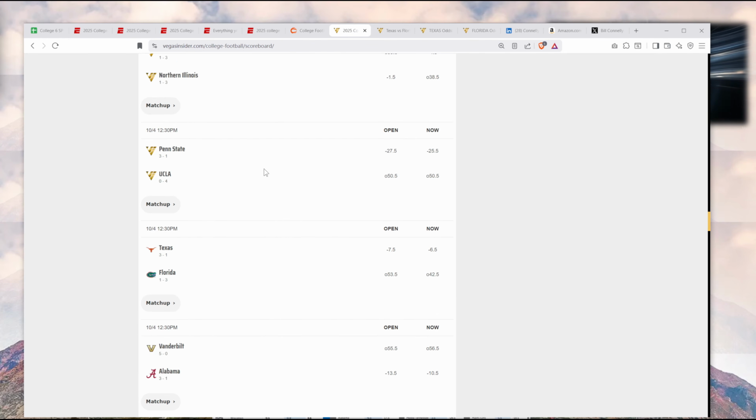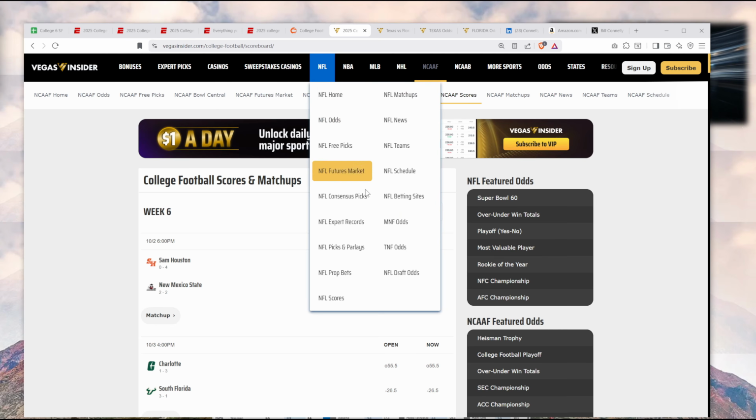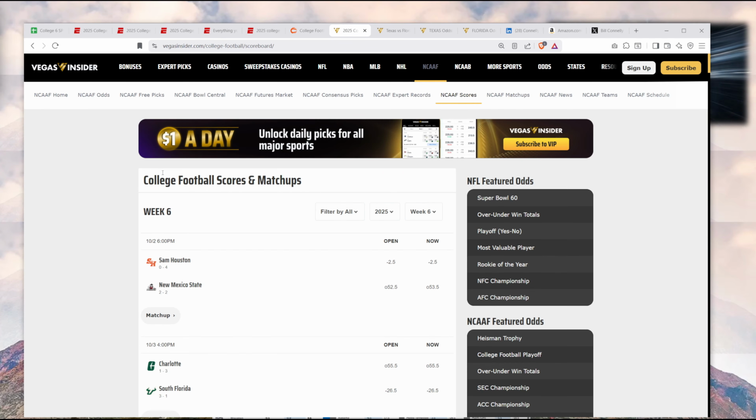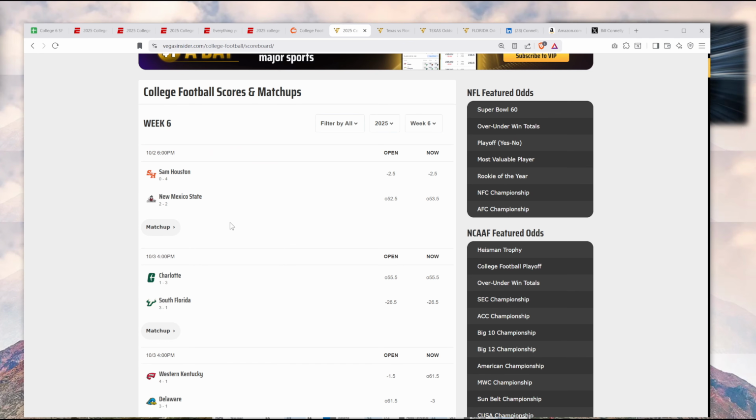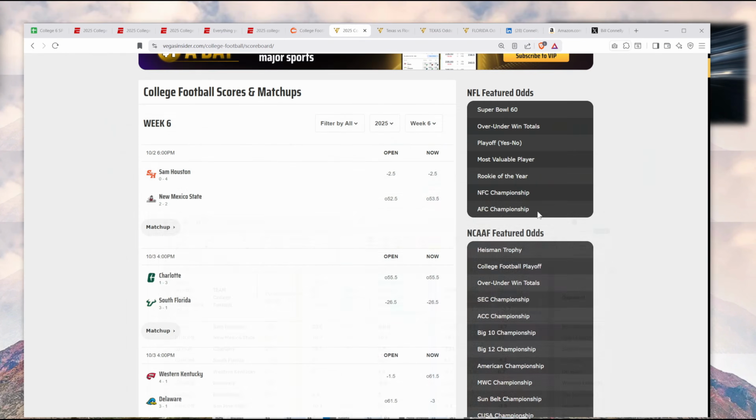Okay, so now the game order, I got that from VegasInsider.com. From VegasInsider.com, I basically extracted the games in this order. So these games correspond in terms of their sequence to this website. Sam Houston is the first game, and you see here the point spread is minus 2.5 for Sam Houston.